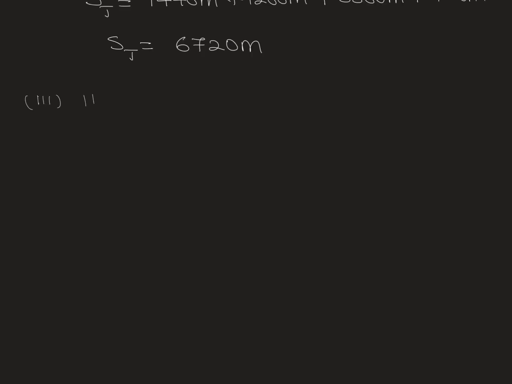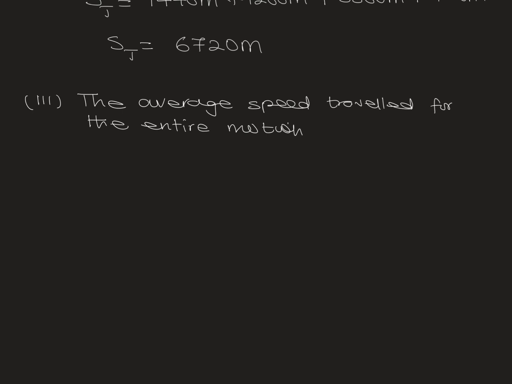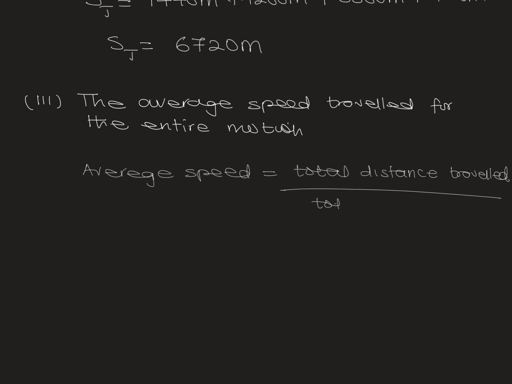Question 2.3 is asking us to find the average speed traveled for the entire motion. We know that average speed is equal to the total distance traveled divided by the total time taken.